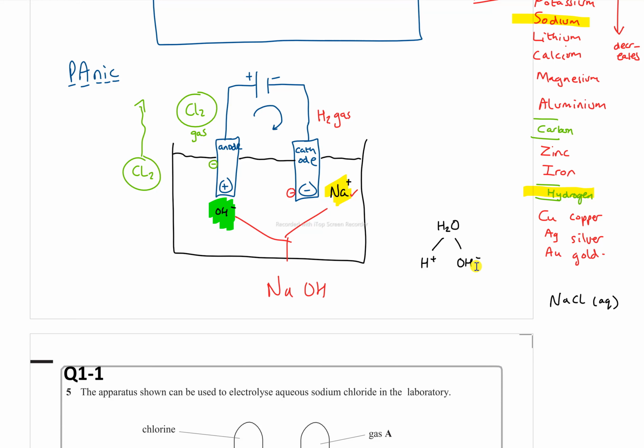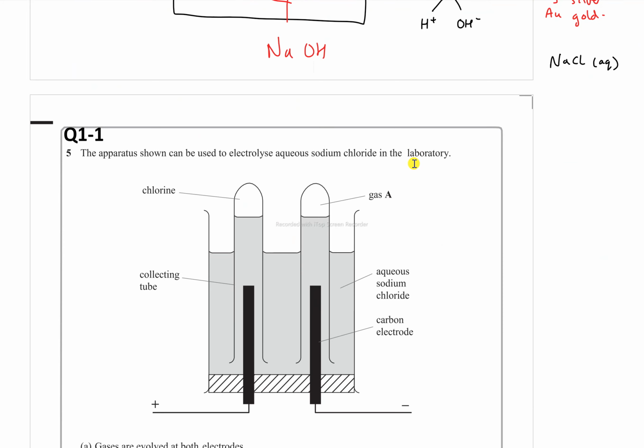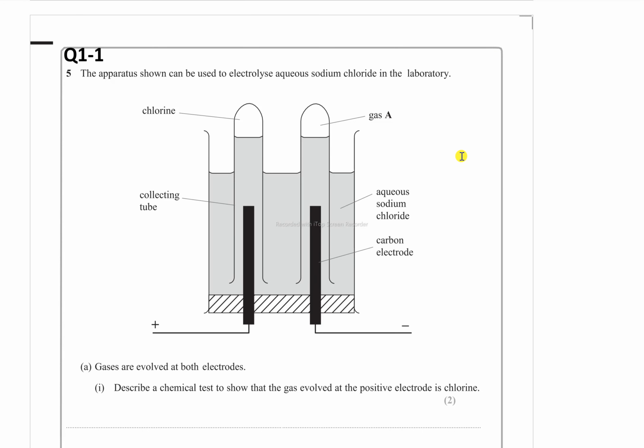What we'll do is we'll crack on with this actually. We're trying to electrolyze aqueous sodium chloride. So we know in here we've got sodium chloride, so always put this in, it helps.